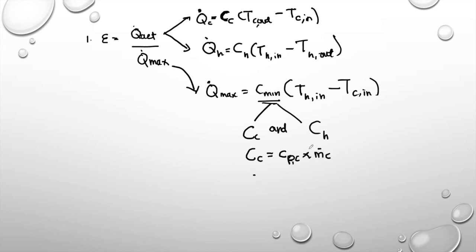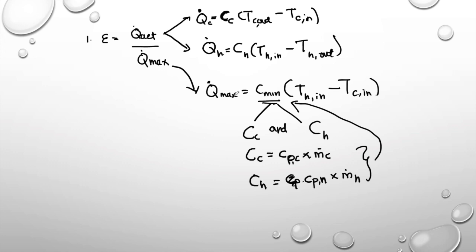For the C H, the equation is C P H, the specific heat capacity, times M dot H. By calculating C C and C H, you will compare both values and find the minimum value between them. That C minimum will be the C minimum in this Q dot maximum equation. So that is the first equation.